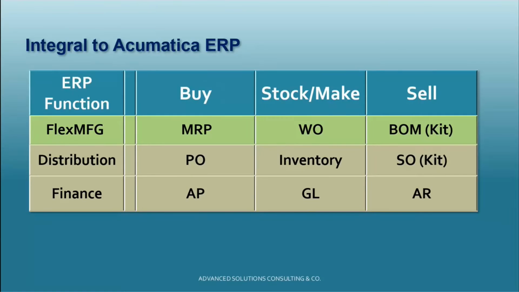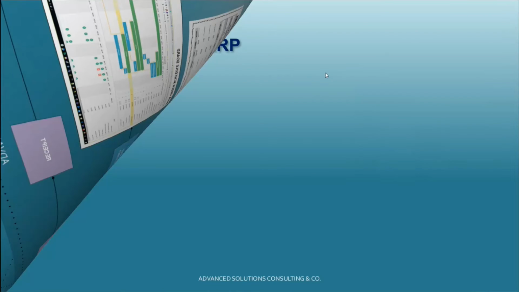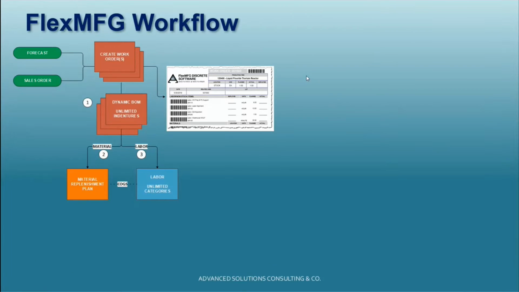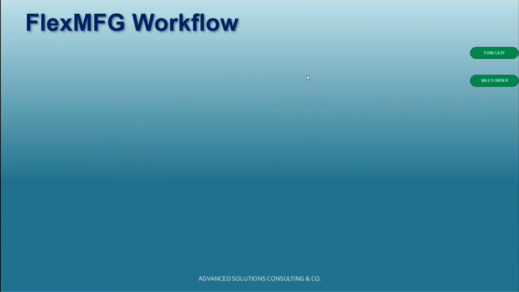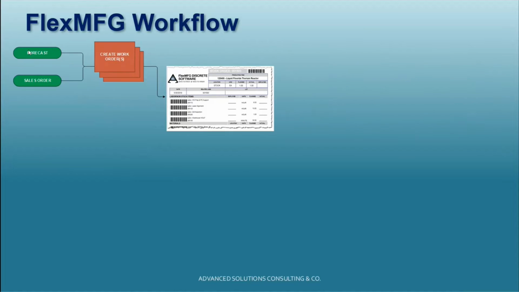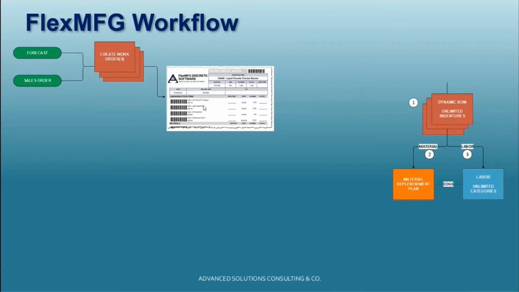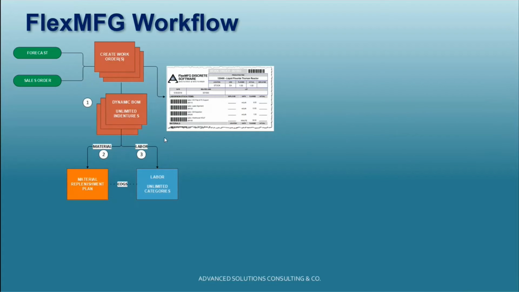Fair enough? Now I'm going to show you one other document, and then we'll go to the demo. We have the ability to either forecast or, by sales orders, create these work orders. And this is what the work order document looks like. It can contain both material and labor. Once the work order gets created, it can include unlimited indentures and it can be serialized.